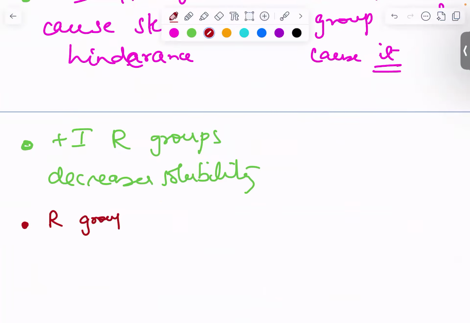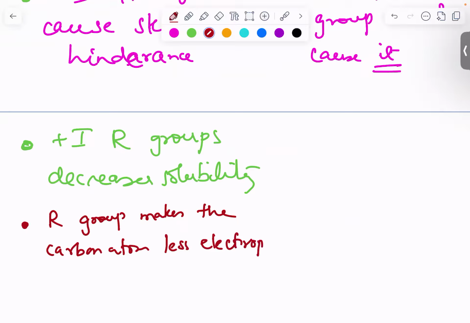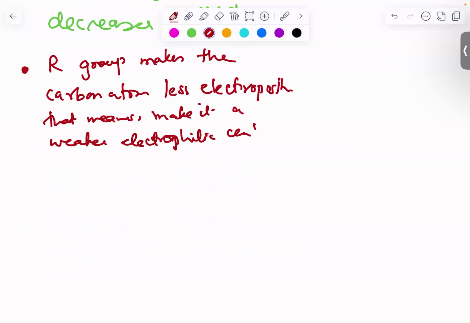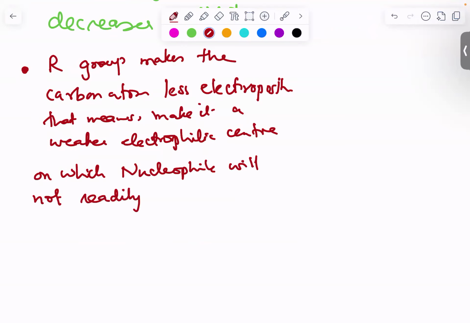So when we talk about the positive inductive effect, if you remember, these are the R groups. R group makes the carbon atom less electropositive. Less electropositive, that means it makes a weaker electrophilic center, an electrophilic center on which the nucleophile will not readily attack.